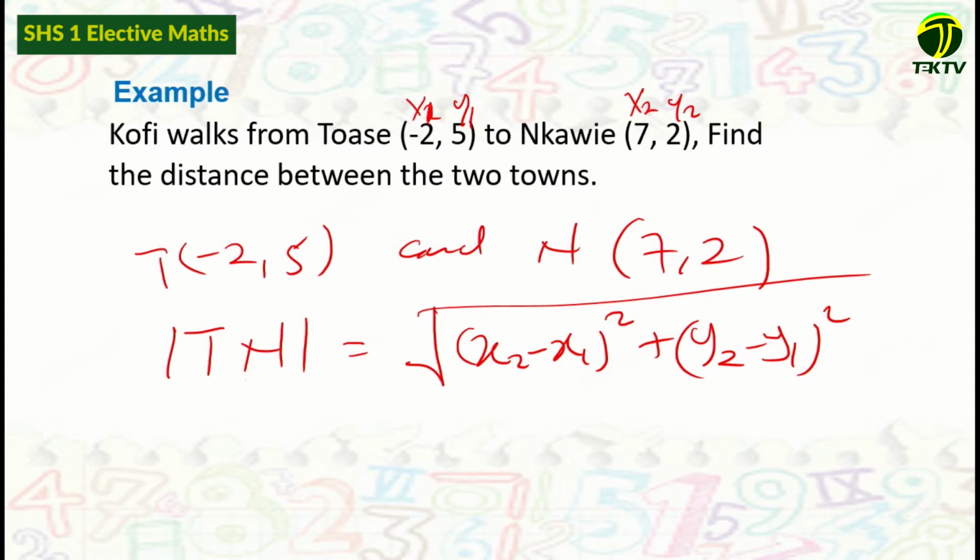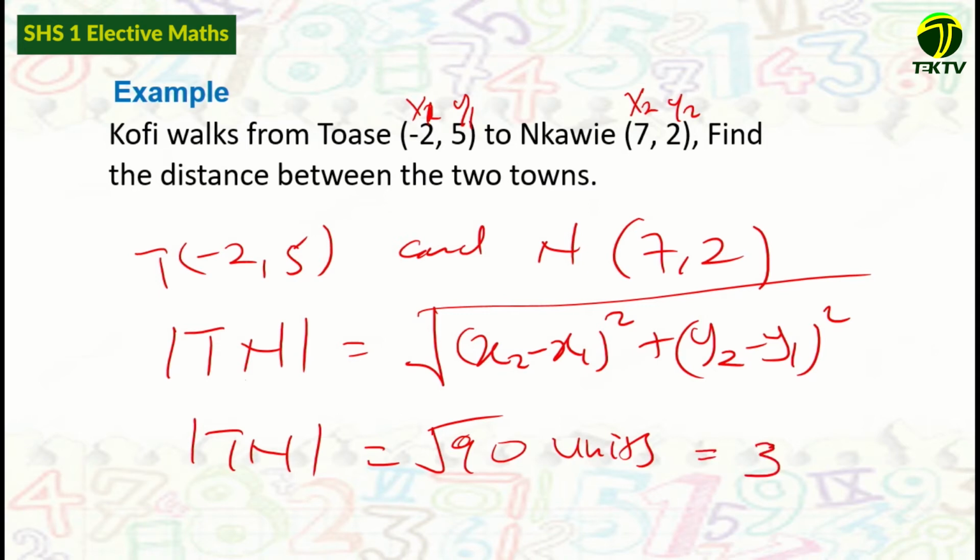So after doing everything, your answer for TN, the distance between the two towns, must be equal to the square root of 90 units. In a simplified form, that will be equal to 3 root 10 units.